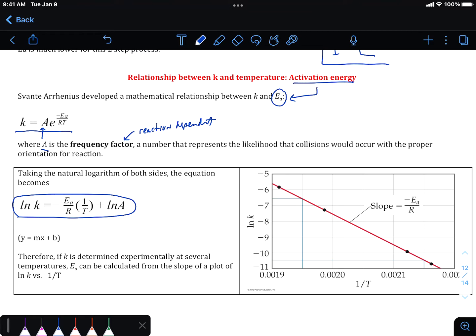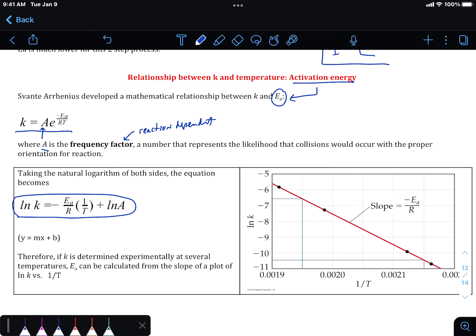It's a linear plot. What you're seeing here is a linear plot where we're plotting the inverse temperature on the x-axis, inverse Kelvin, of course. And we're taking the natural log of the rate constant as the y, and our slope is the opposite of EA over R.